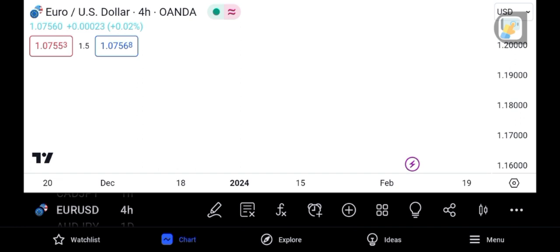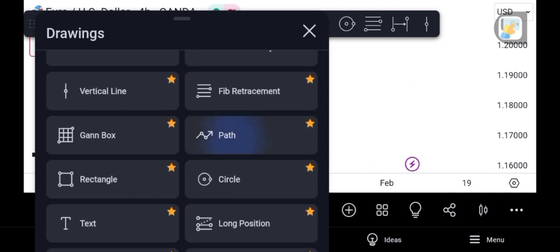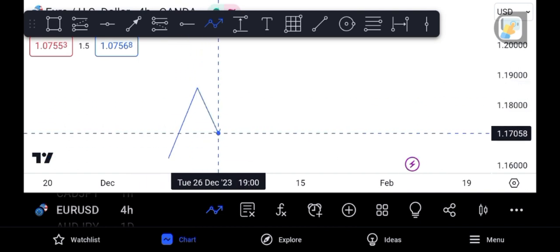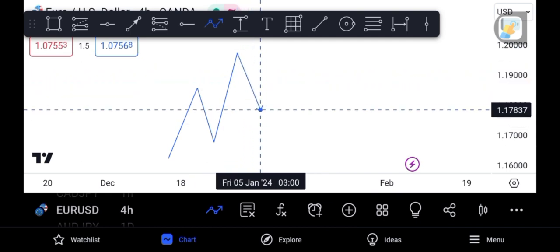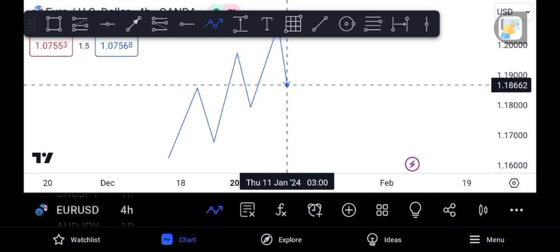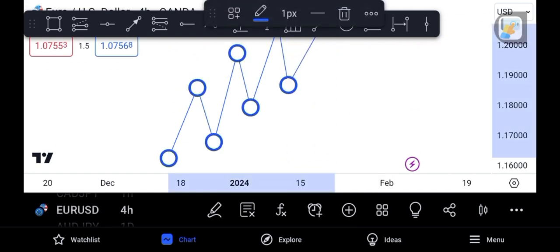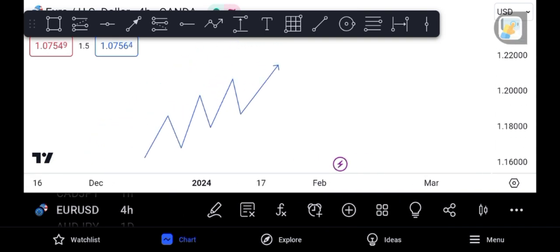So, for example, let's say we have something moving in this direction. This is clearly telling us that the market is moving in an uptrend, in an upward direction.